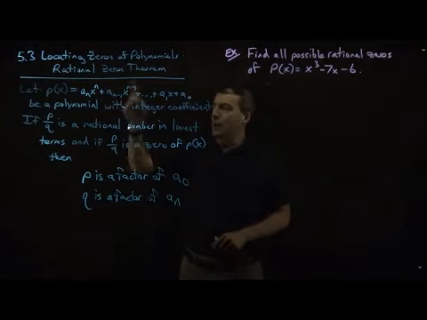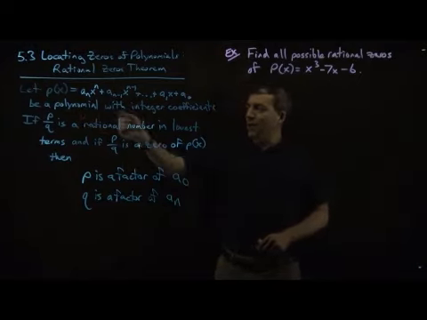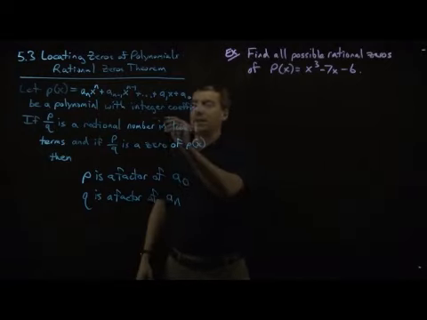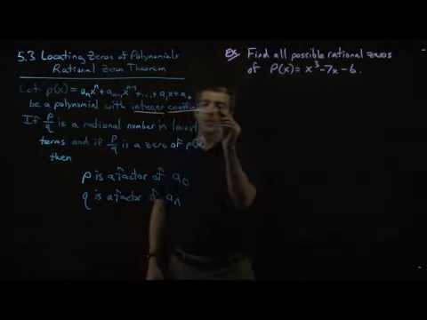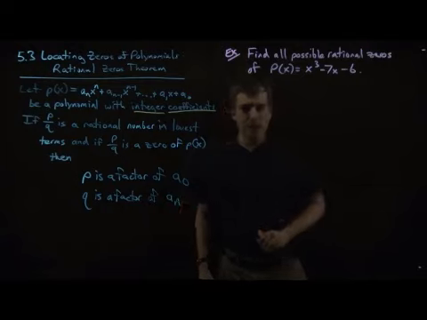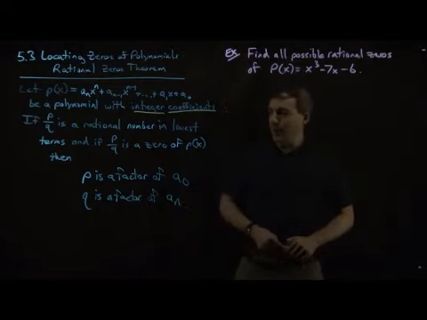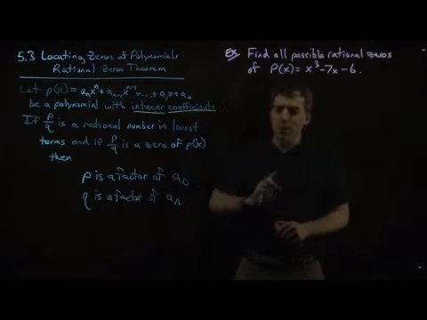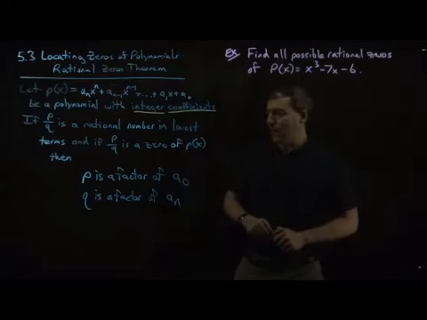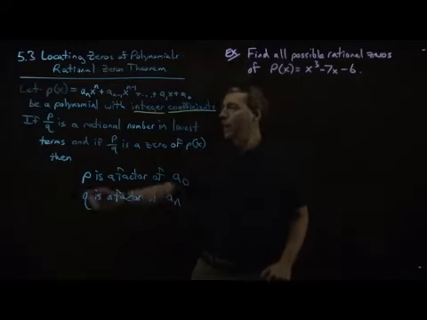One thing about this polynomial that we're going to require for this theorem is that it have integer coefficients. So you won't see any fractions in the coefficients, although that's not a problem, or we could take care of that if it did. All right.